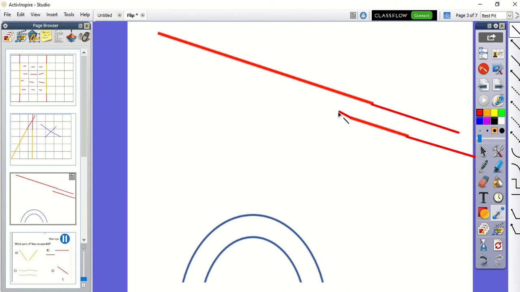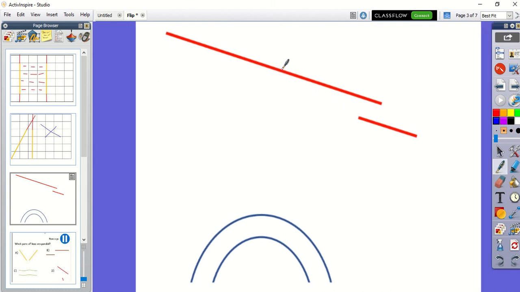And if I carried it on this way, the lines never meet. So I would mark those off as, okay, so you might see them marked with these arrows. And if you see these on two sets of lines, it means usually that they're parallel.